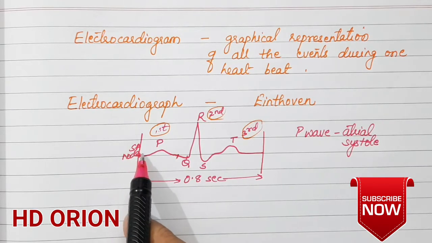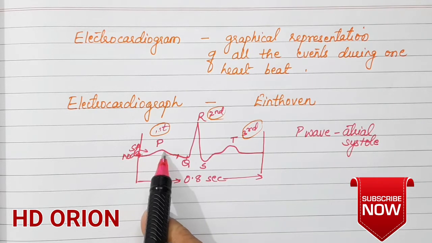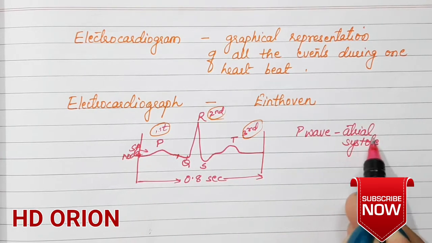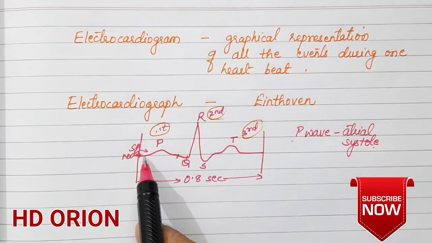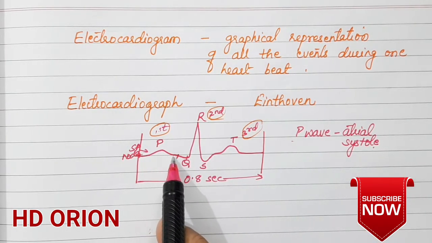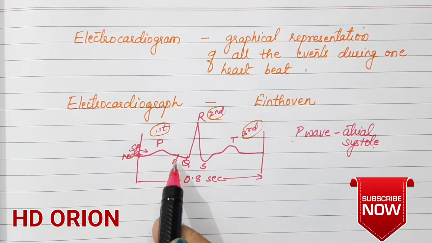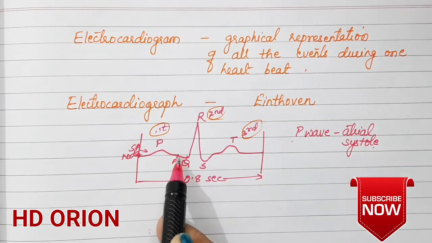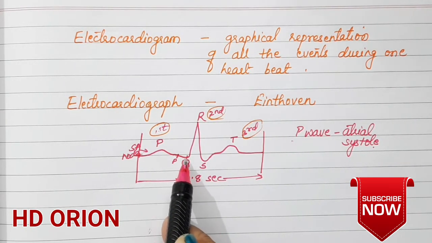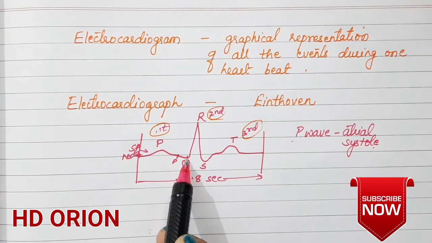From here the SA node has started generating the impulse, and it has caused the atrial depolarization, which we call atrial systole, recorded in the form of the P wave. And when there is a depression in this wave, this PQ, the P is still on. This PQ segment is the part from where the AV node or the AV bundle will come into action. This is the part in which it is handing over the impulse to the next nodal tissue.